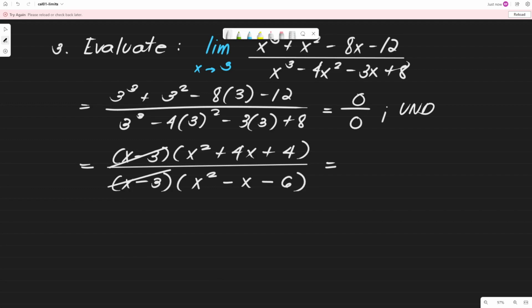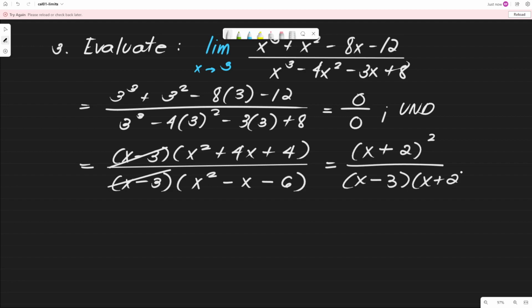We have x plus 2 quantity squared over x plus 3, or x minus 3 rather, times x plus 2, which cancels one x plus 2 on top with the x plus 2 below. So our function in lowest terms is equivalent to x plus 2 over x minus 3.